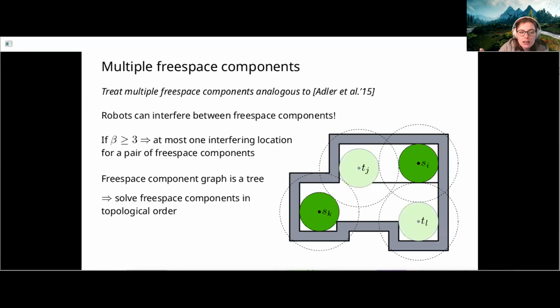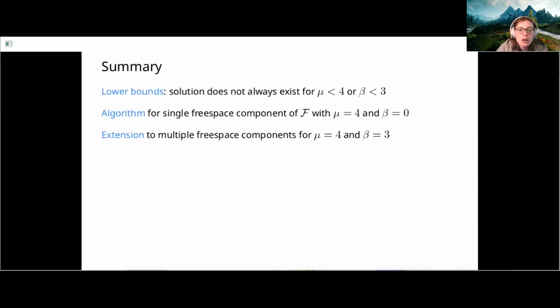And then we will again solve the free space components in some order according to the topological order we get from this tree. And that would make a general algorithm for mu equals 4, monochromatic separation 4, and bichromatic separation 3.